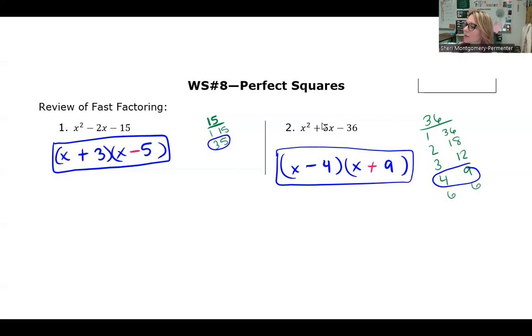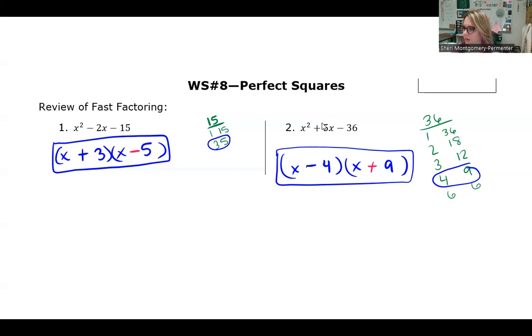You have 2 more problems that are fast factoring. These are not with a leading coefficient of 1. So the first thing that you have to do is factor out the GCF. So you're going to try question 3 and question 4. So this is what we did last class.